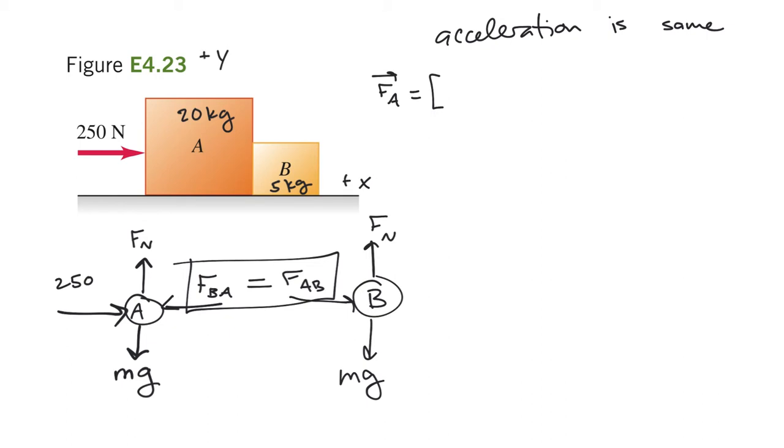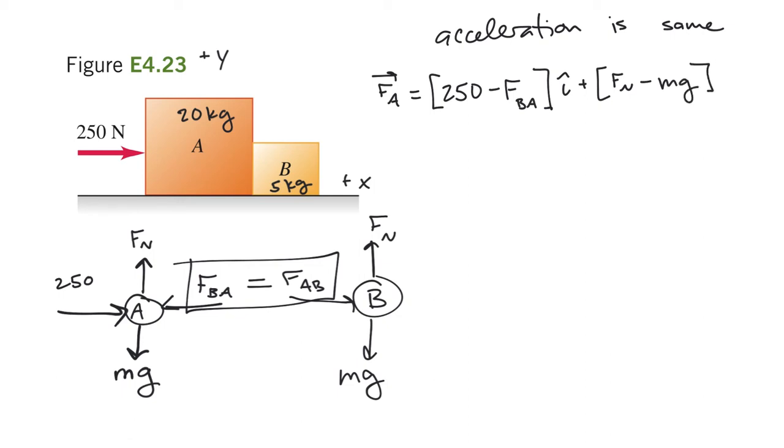So in the X direction, or the i hat direction, on A, you've got 250 newtons going in the positive direction minus the force of B on A. That's happening in the i hat direction. And then for j hat, in the Y direction, you've got Fn minus mg.